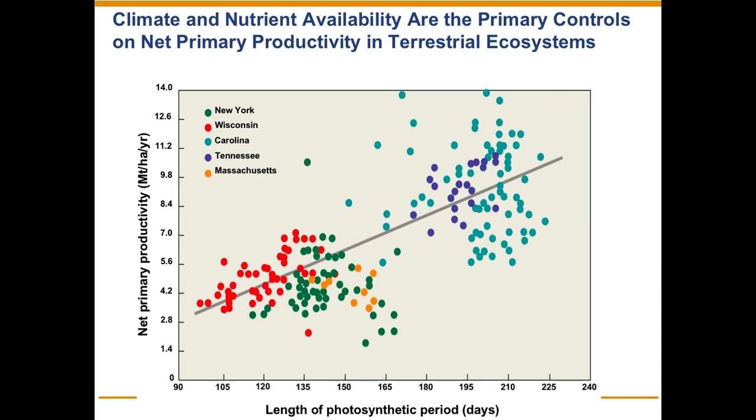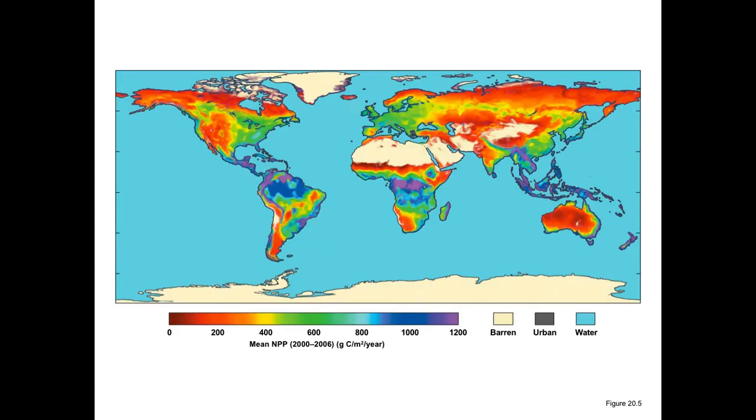Here we've got the net primary productivity, and this is measured data from the field from terrestrial environments. And what we see is a nice positive correlation. Areas where we've got longer days and more sunlight, more availability of sunlight, we see higher rates of productivity. Makes sense.